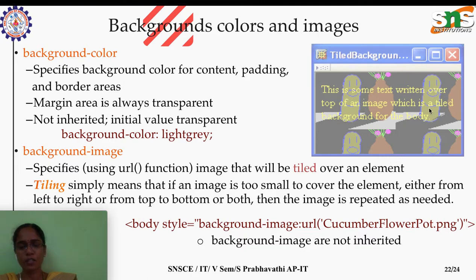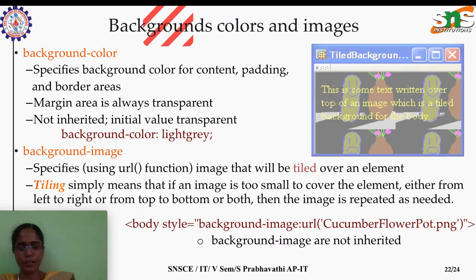This concept is called tiling. If it is the body, the entire body will be covered by this image. If we don't want to repeat the image, we have to change the background property to no-repeat.